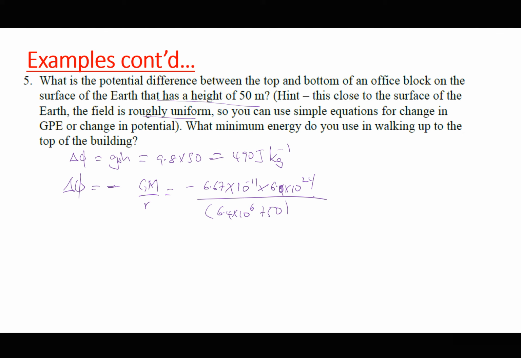Let us see what happens. 6.67 exponent negative 11 times 6 exponent 24 divided by 6.4 exponent 6 plus 50. So I am getting the potential at that height. Let this not be change in potential; I want it to be just the potential at that height.